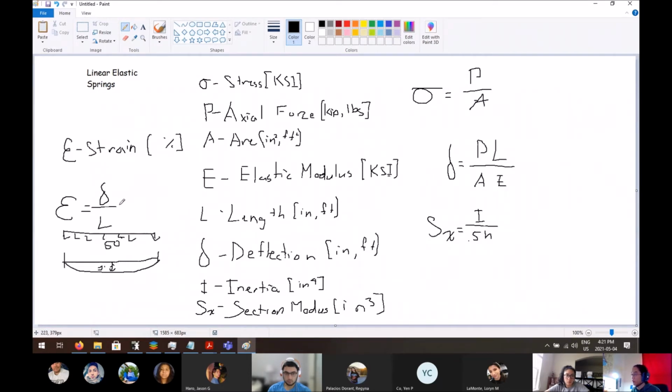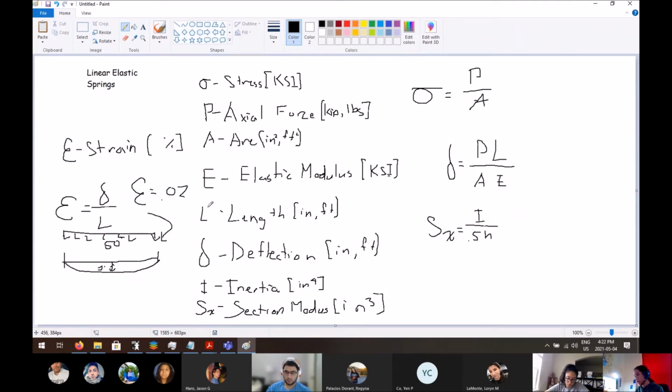So 1 over 50. The strain of this specific member would just be 0.02, that's 1 divided by 50.